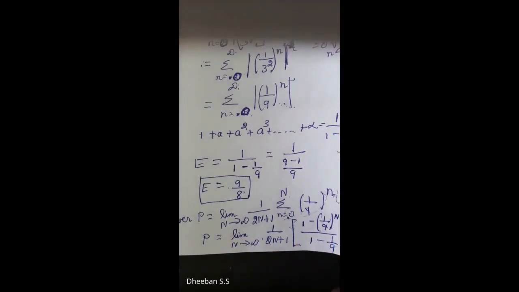Over here, if you apply infinity, that is 1 by infinity, for capital N tending to infinity, 1 by infinity is nothing but 0. So we'll be getting P equal to 0.